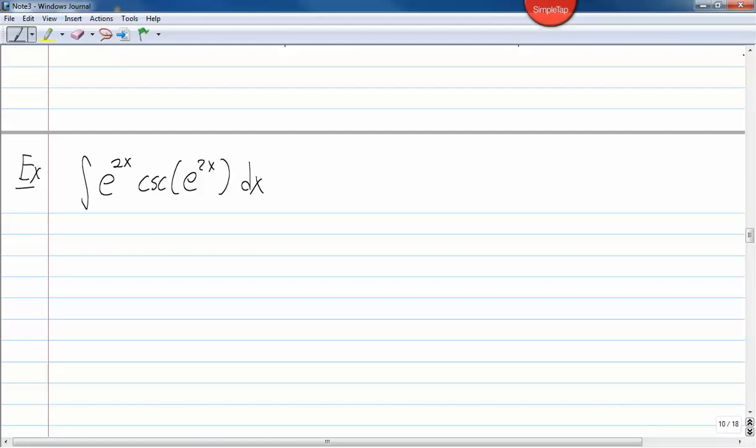If I let what I'm evaluating cosecant at be my u, then my du is equal to 2e to the 2x. And so I have e to the 2x in front, which I would have to integrate this.